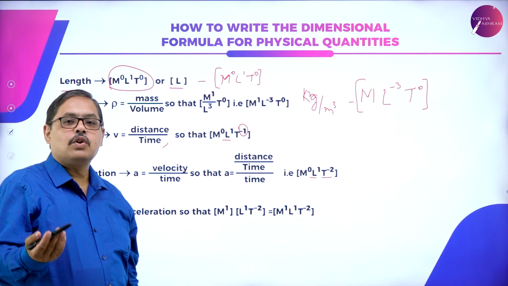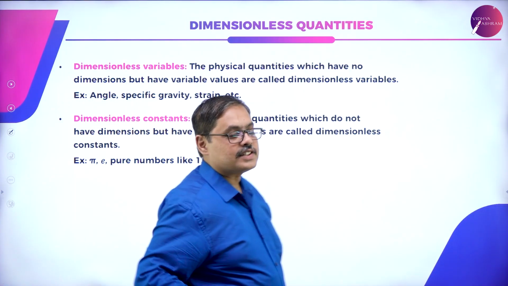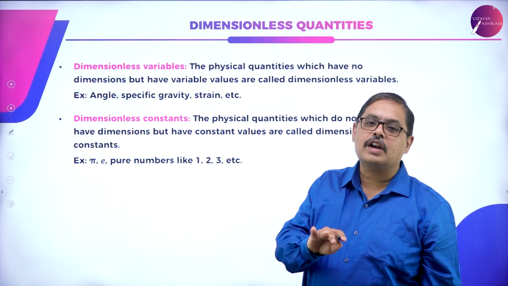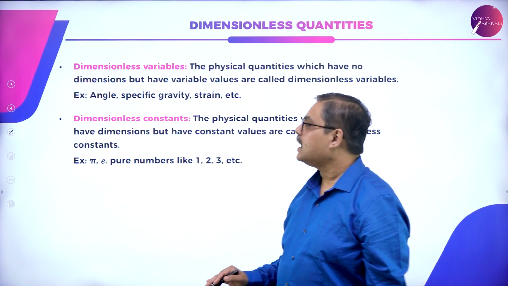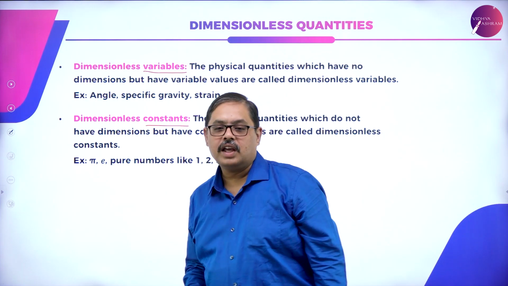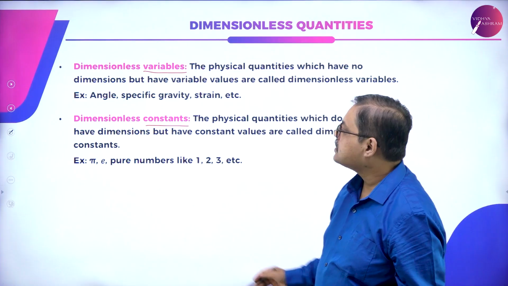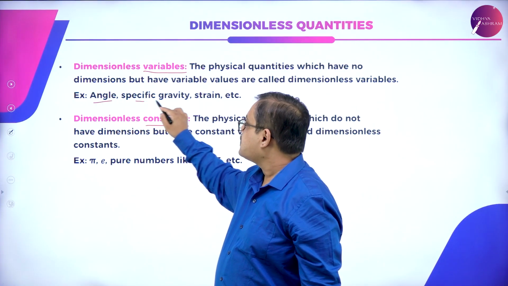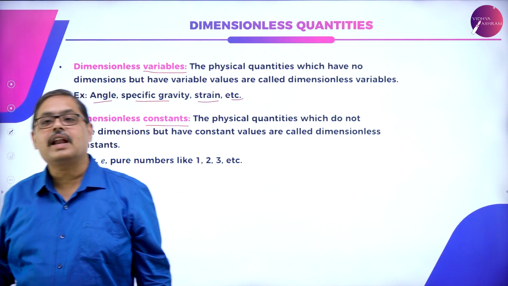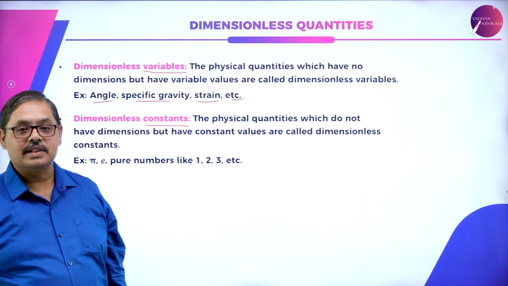Okay. Let us go on and understand further what dimensionless quantities mean. I told you what dimensions mean. There are certain quantities which don't have dimensions. Two types in that. One is a variable, the other is a constant. A variable obviously has changes in its value. Examples: angle, specific gravity, strain, etc. are variables which do not have any dimensions. That is why they are called dimensionless variables.